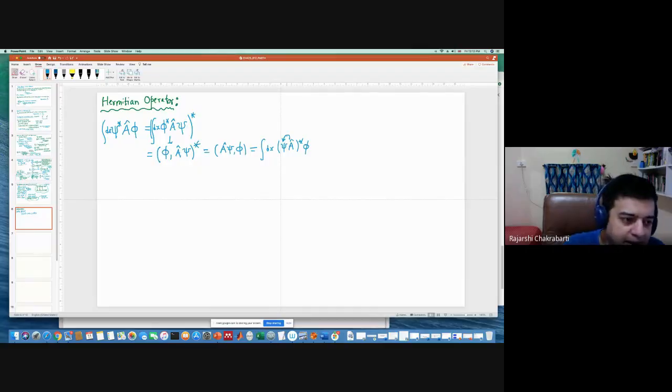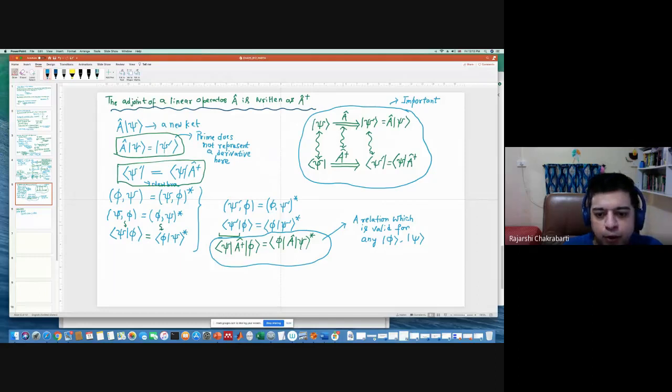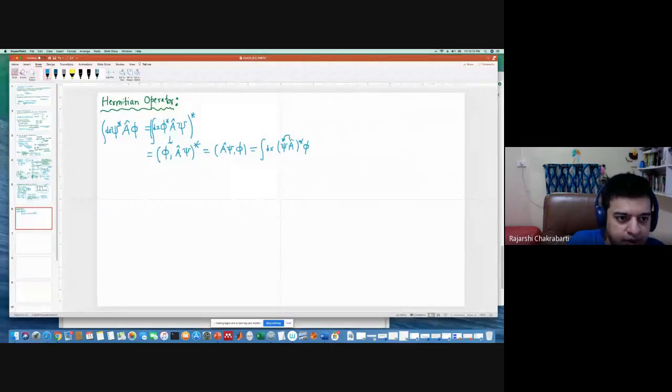And now what I had in the last page, I have to copy this. Let me copy this. What I have now, for any linear operator, I have got this relation. Can anyone tell me what I should write? I want to hear from you. What was there in the last slide?